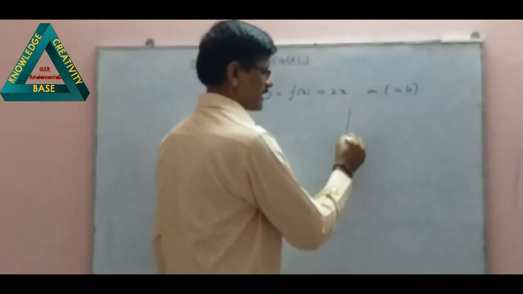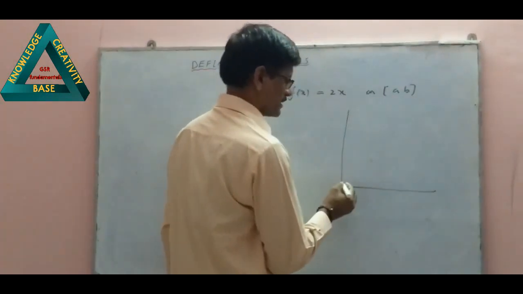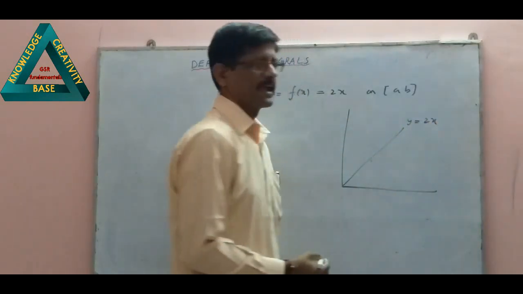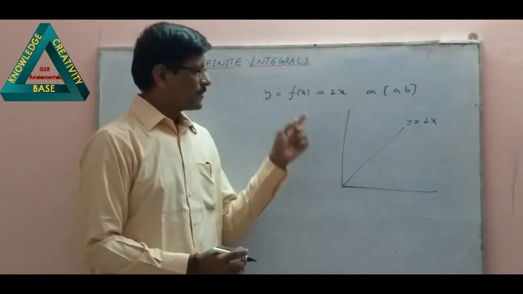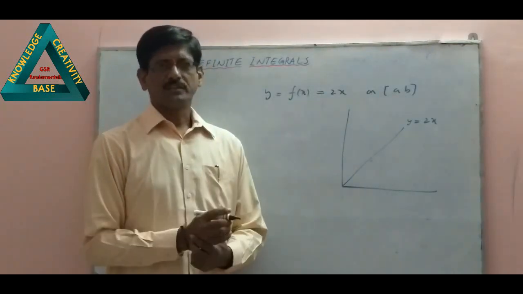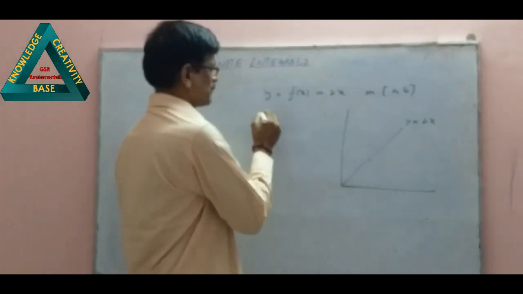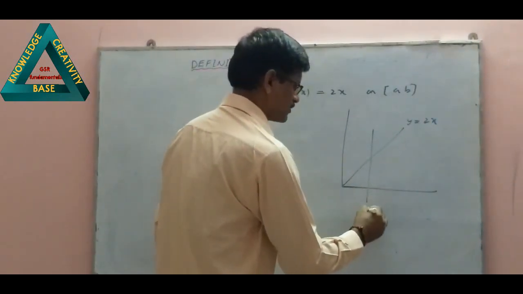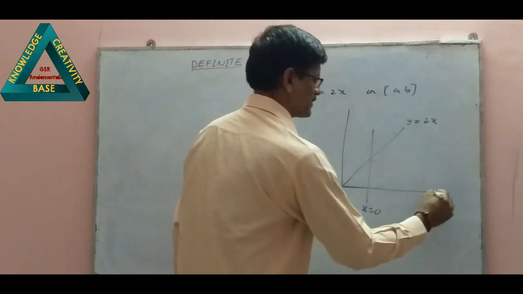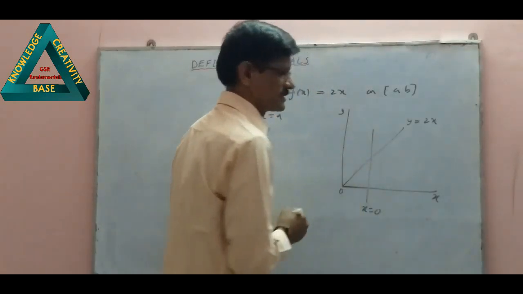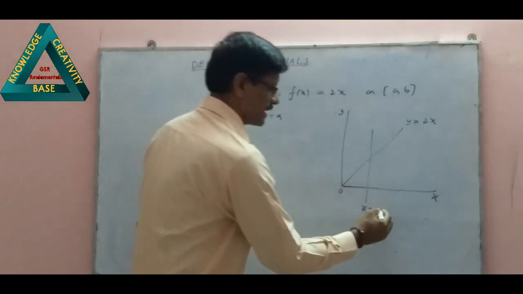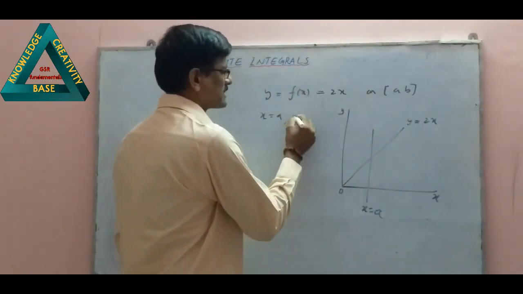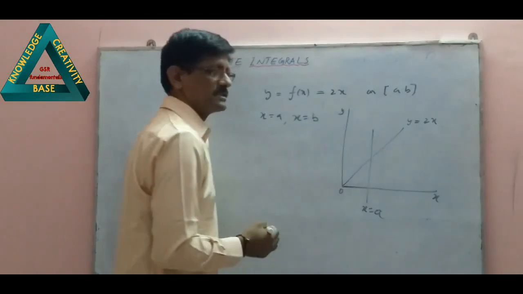That means in the rectangular coordinate system, y is equal to 2x is a line. So the curve is enclosed with x is equal to a, that is parallel to y axis. This is origin, this x axis, this is y axis. x is equal to a, this is a line. Next, x is equal to b, this is another line.